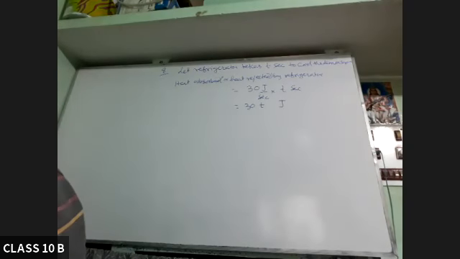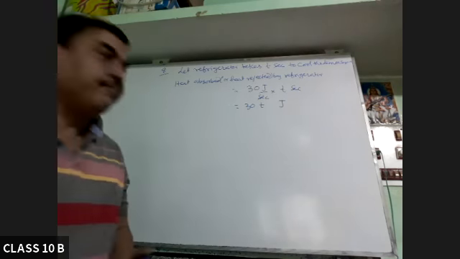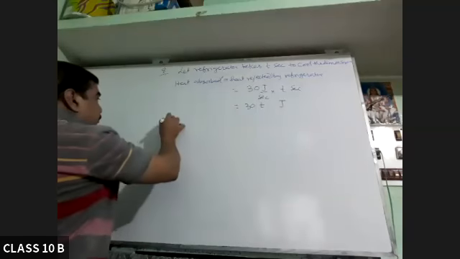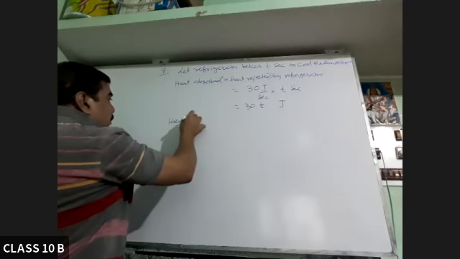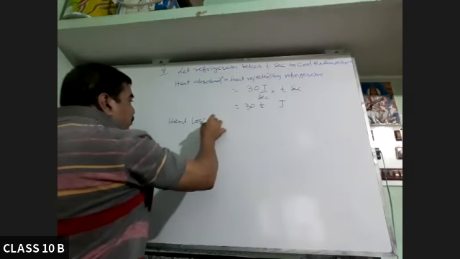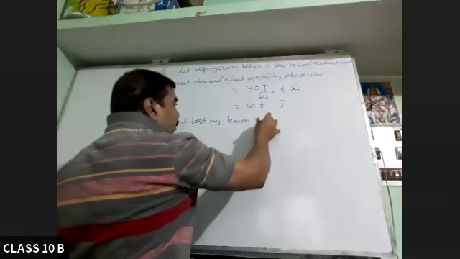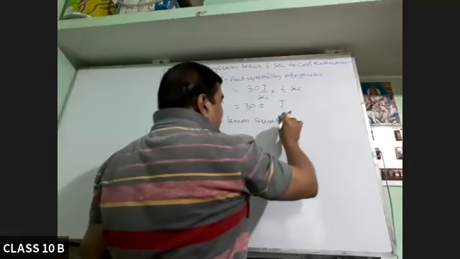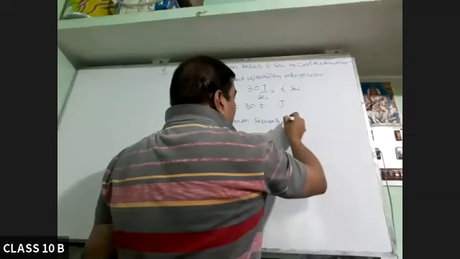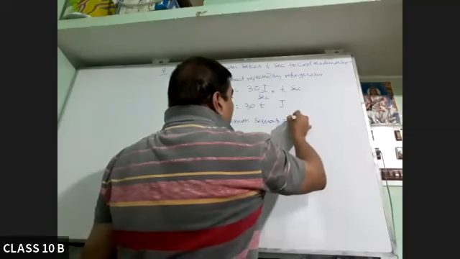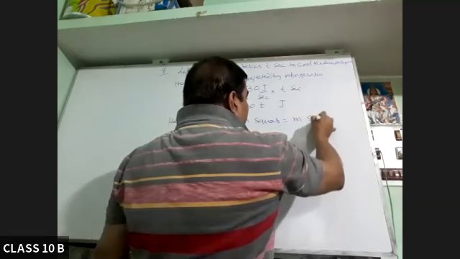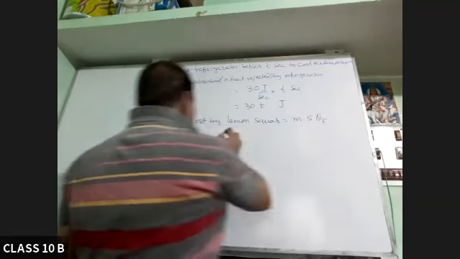So mass is 0.5 kg, from 30 degrees to 5 degrees. So heat lost by lemon squash is mass into specific heat capacity into fall in temperature.